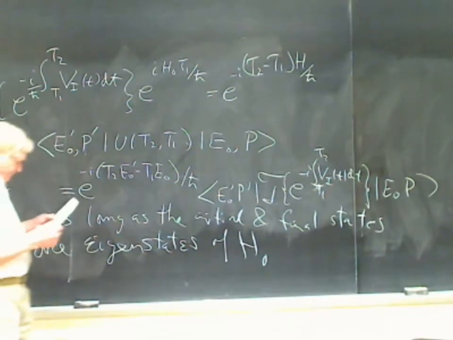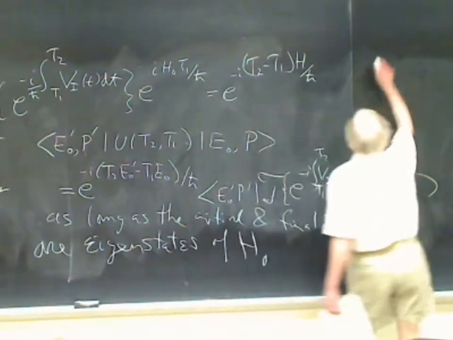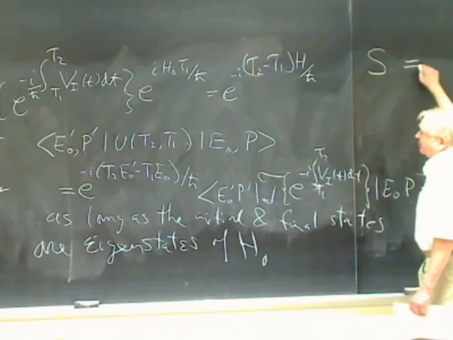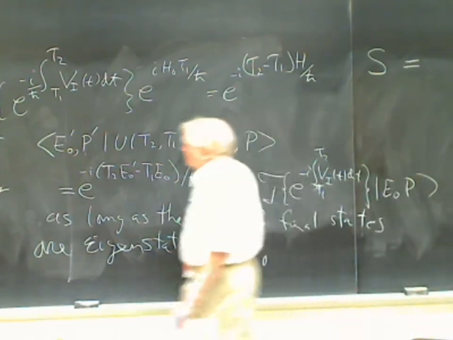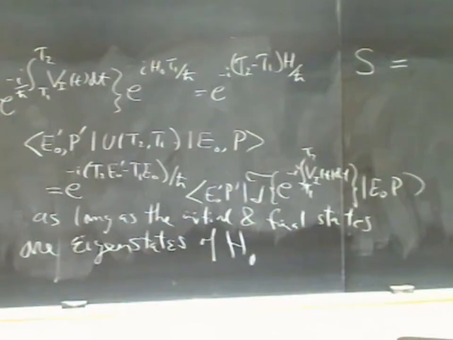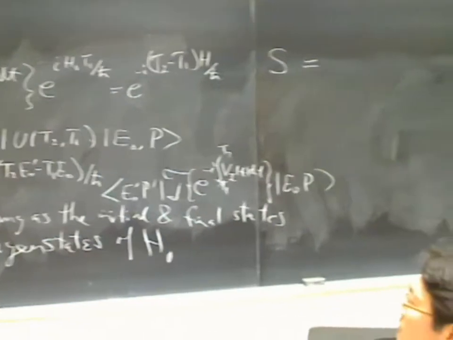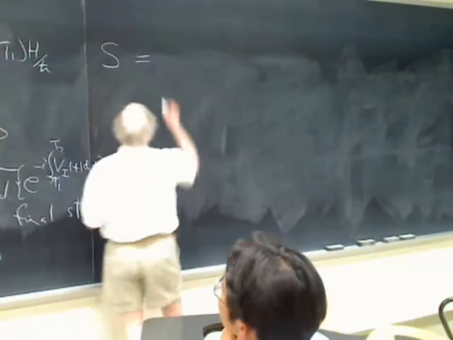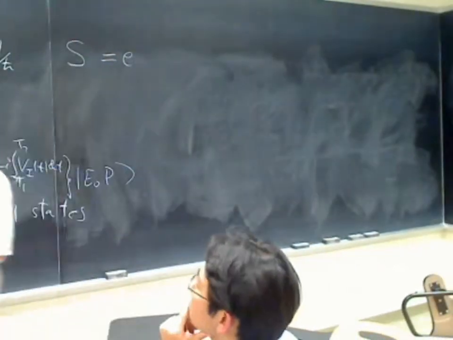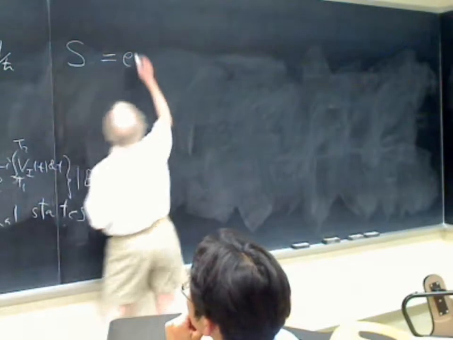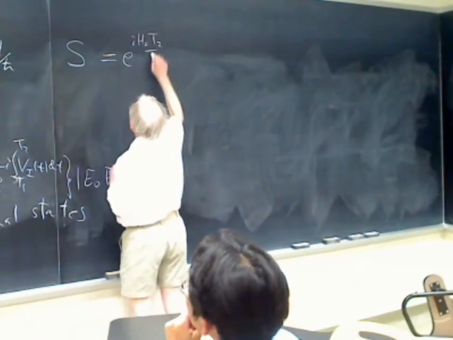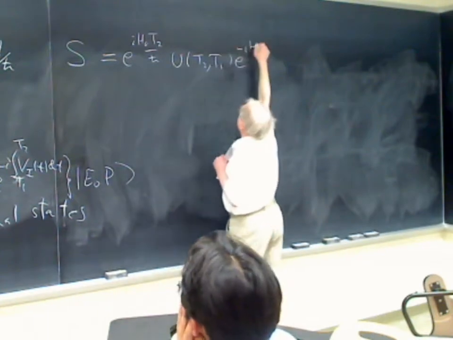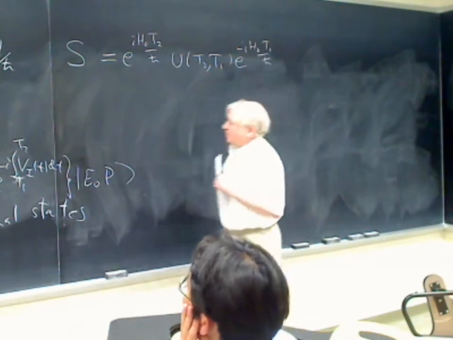And so, in fact, there's something that some people define called the S operator. The S operator would be the time evolution operator times factors that cancel out this factor and this factor. So instead of e to the minus i H0 t2, it would be e to the i H0 t2 over h bar, U of t2, t1, e to the minus i H0 t1 over h bar.